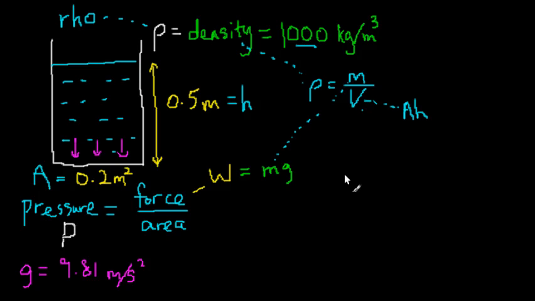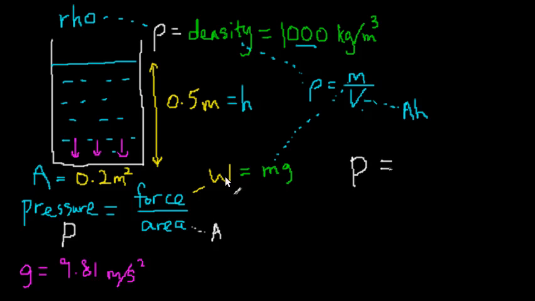So let me pull the whole lot together. Force is the weight. Area is A. I'm just going to plow my way through this, and we'll sort things out as we see them.